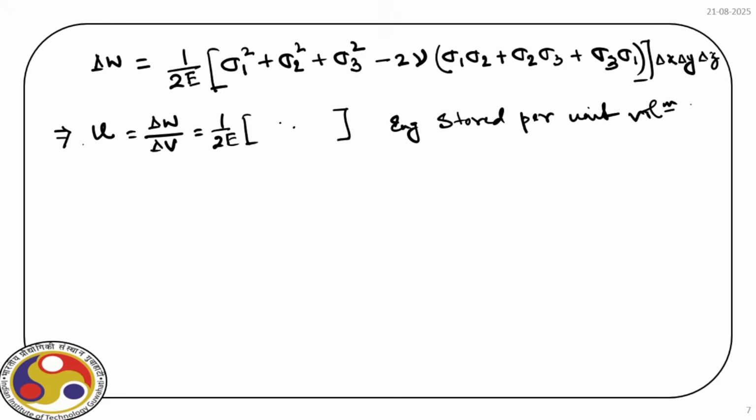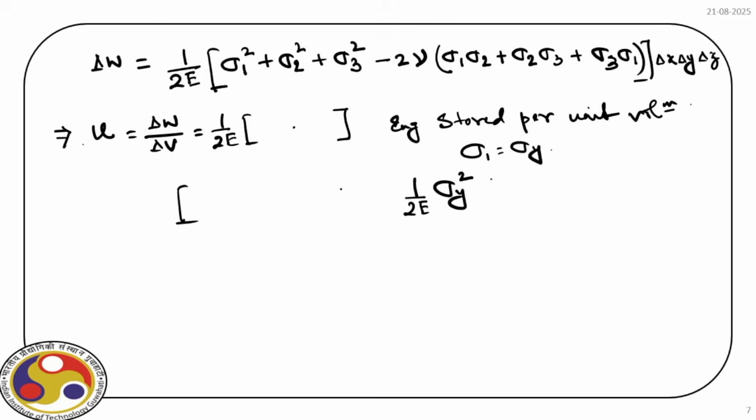And then we can again find out the limit from the uniaxial test, and for that again what we'll do, we'll put sigma 1 equal to sigma y and then sigma 2 and sigma 3 equal to 0 in this expression. Then we'll get the limit, and that limit is 1 by twice E times sigma y square. Okay. So that's the limit.